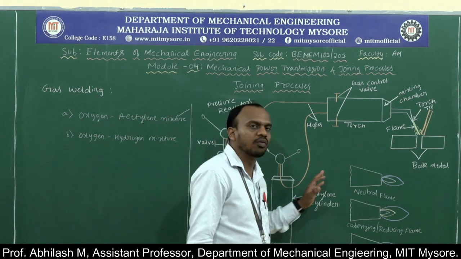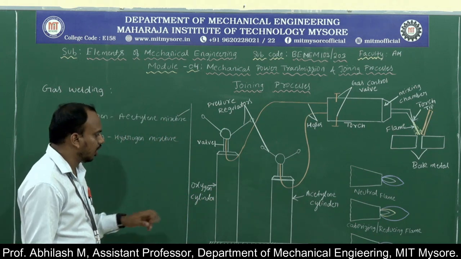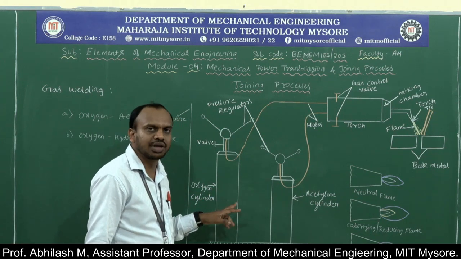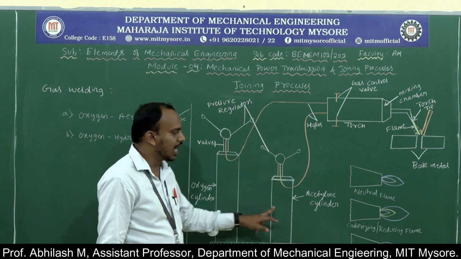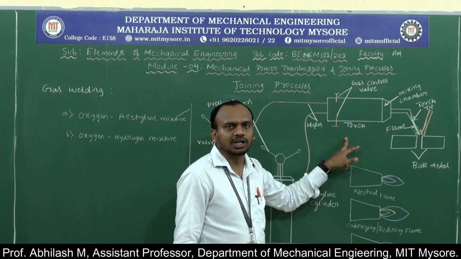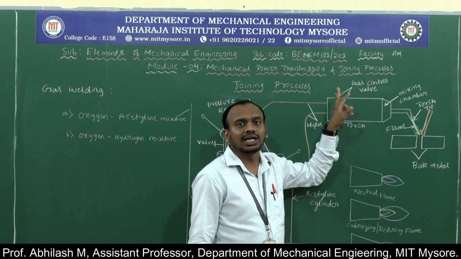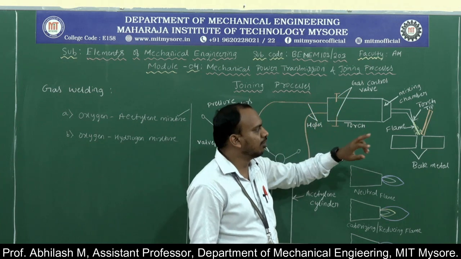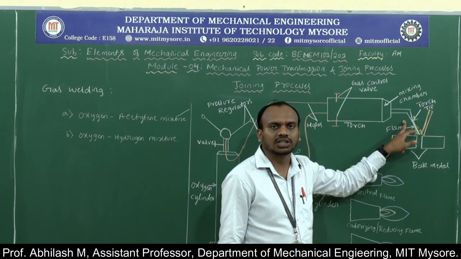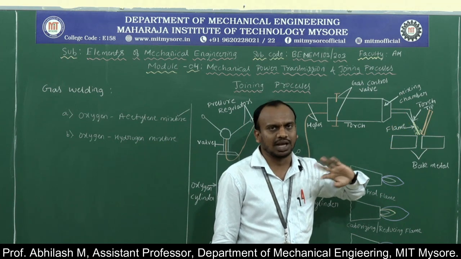So to begin with, how exactly is the process done? Initially the mixture of gases, oxygen and acetylene, is supplied into the welding torch, where they get mixed in the mixing chamber, and that mixed gas is ignited at the torch tip, where it produces a strong gas flame.